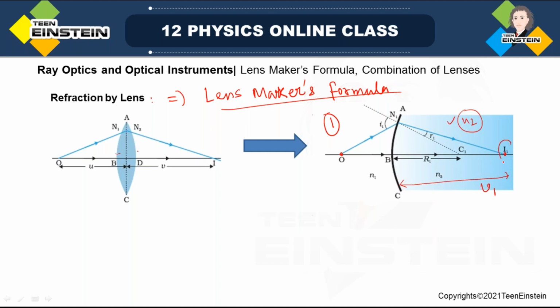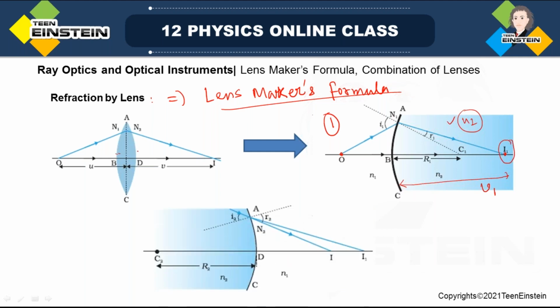This particular image, which was formed by the ABC surface, will act as a virtual source for the ADC spherical surface.